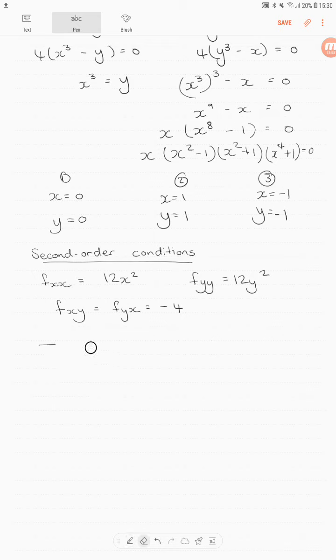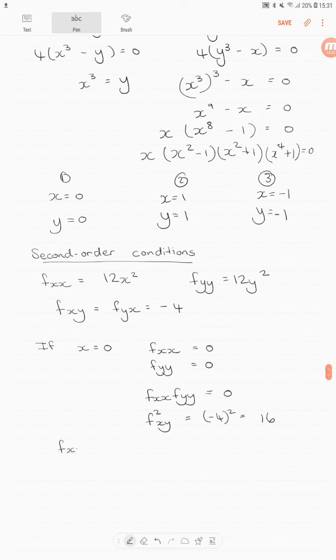If x is equal to 0, fxx will equal 0, fyy is equal to 0. That means fxx fyy is equal to 0. fxy squared is minus 4 squared, that is equal to 16.